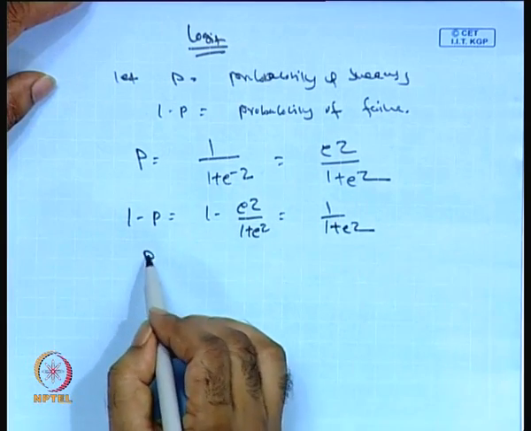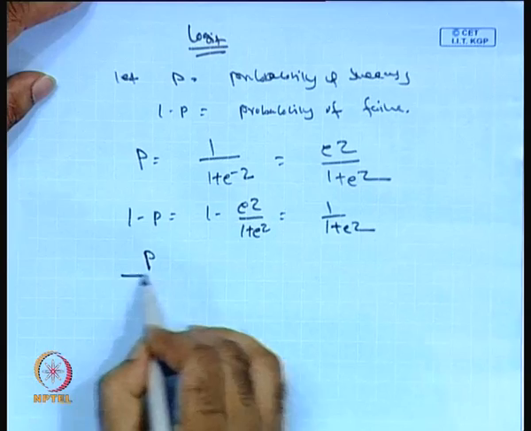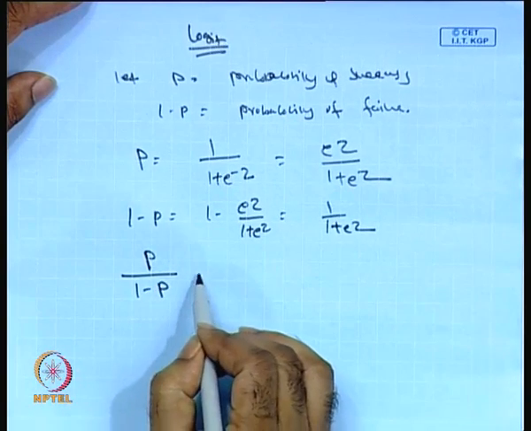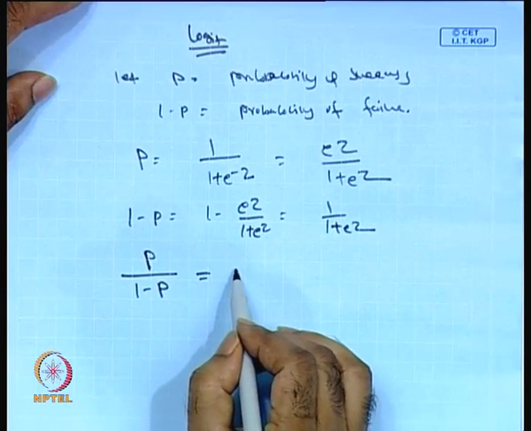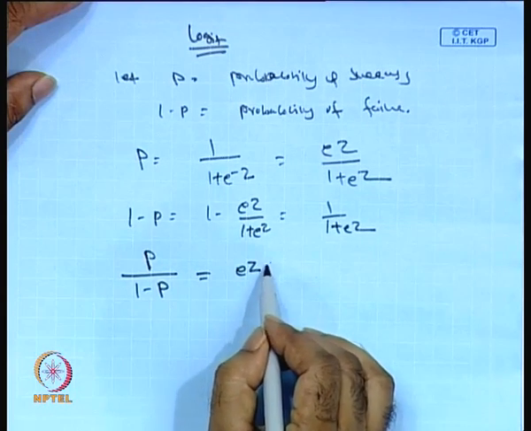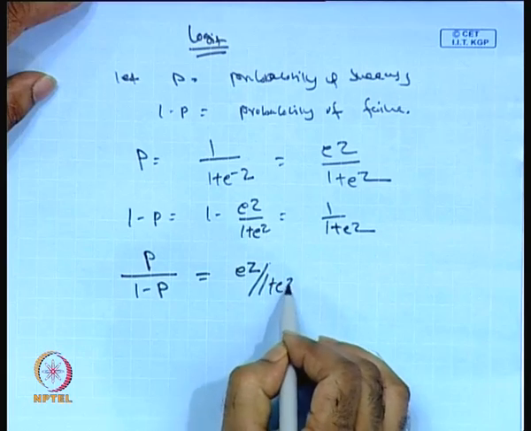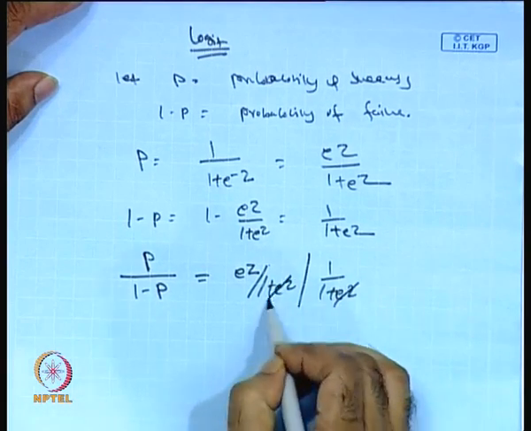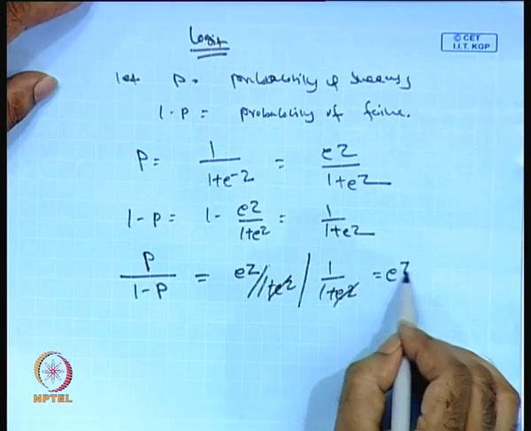Then we take the division P by 1 minus P, which is e to the power z by 1 plus e to the power z, all divided by 1 by 1 plus e to the power z. The common terms cancel, so it is simply equal to e to the power z.